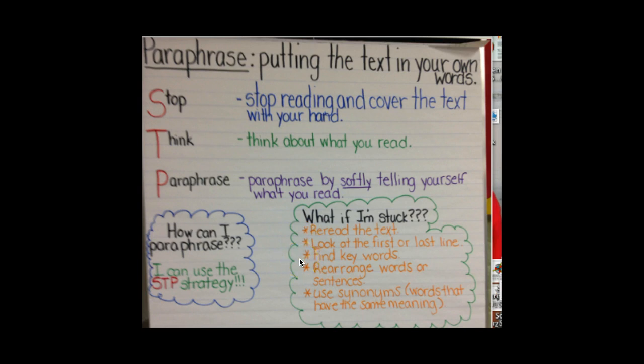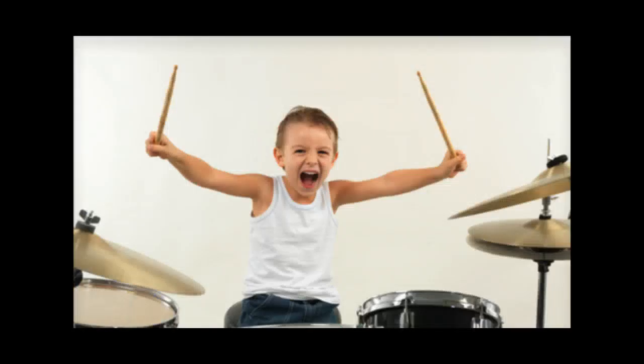Look for key words, or maybe try to rearrange some of the words or the sentences that you read in the text, or use a synonym, a word that has the same meaning, to express what you want to say. But I do want you to really work on making sophisticated, juicy sentences out of your own fabulous vocabulary and your own words. I know you all are wonderful writers and you have the talent to do that. So use that.